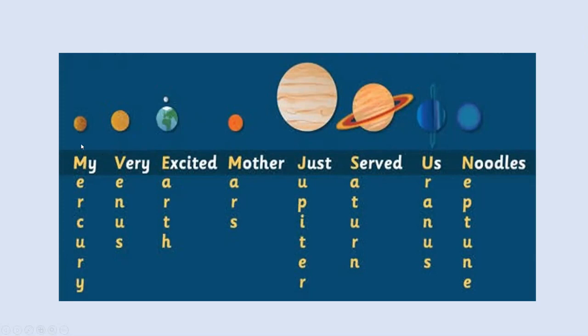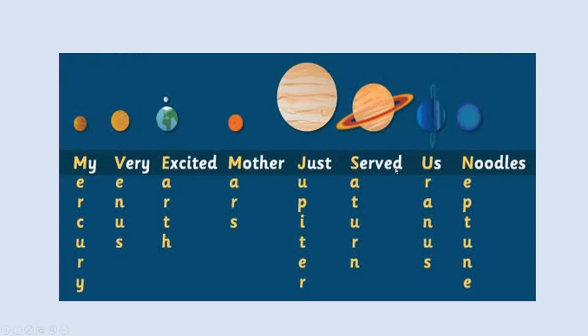So M is Mercury, and I'm talking about distance from the sun. So Mercury is first, and then V stands for Venus, E Earth, M again Mars, then J is Jupiter, S Saturn, U Uranus, and N Neptune.